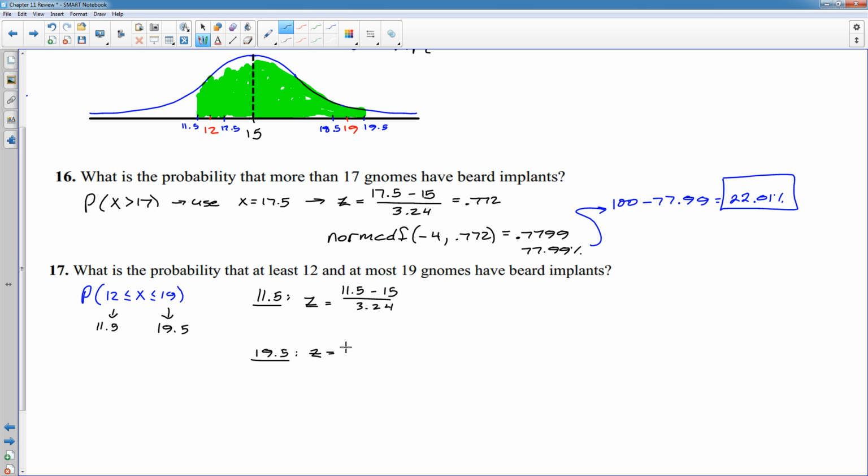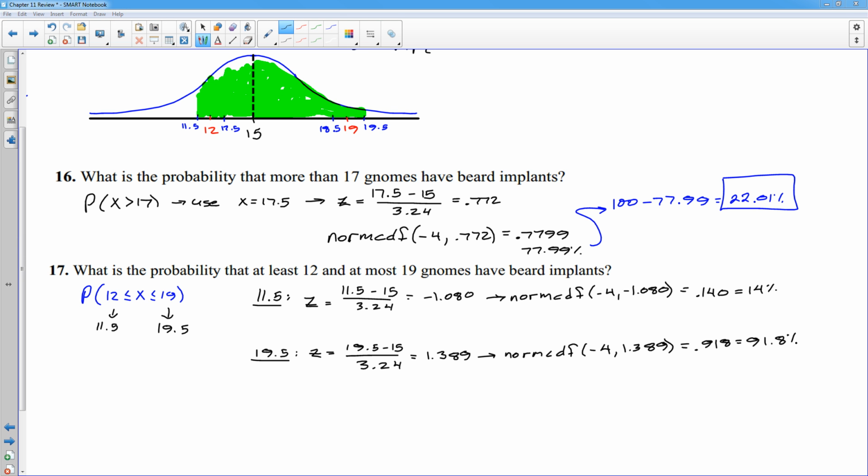Your z-score is 19.5 minus 15 over 3.24. And then we'll punch those in, and then we'll do norm CDF to get the percentages associated with those. All right, there you go. So you do all of that, you get your z-scores, you punch it in, you do the norm CDF.